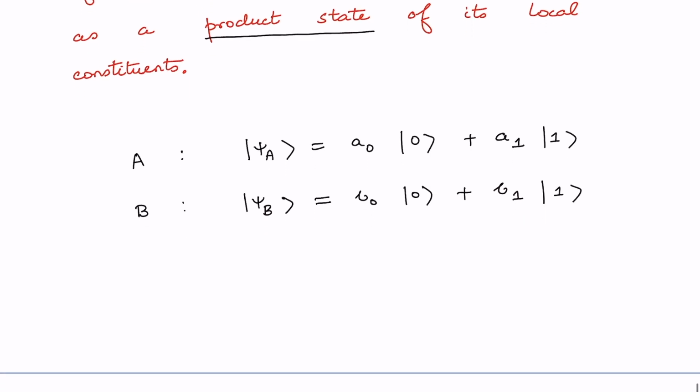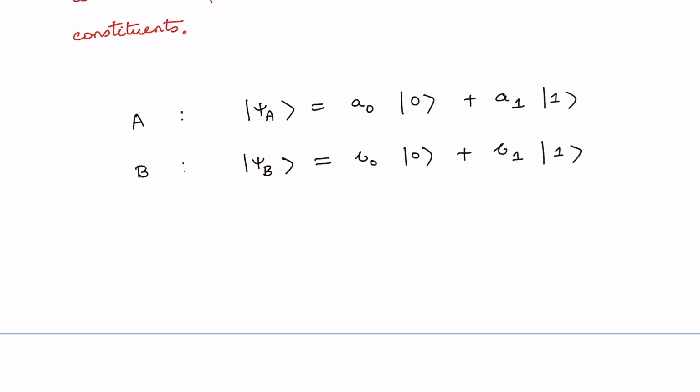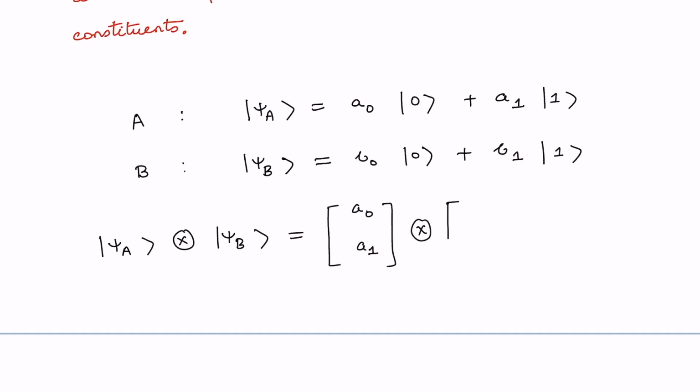Now, if you form the direct product of these states, you will get |ψA⟩ tensor product |ψB⟩. In the matrix form, I can write |ψA⟩ as (A0, A1) direct product with the matrix form of |ψB⟩, that is (B0, B1).